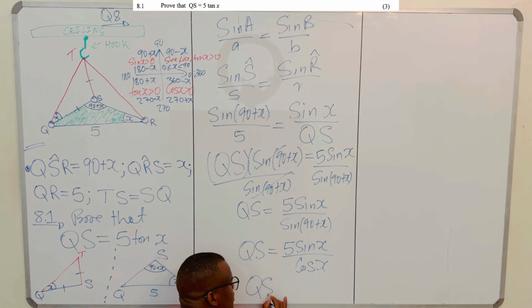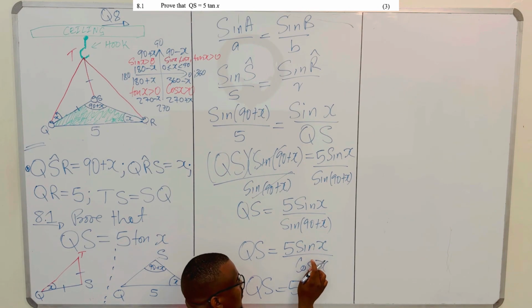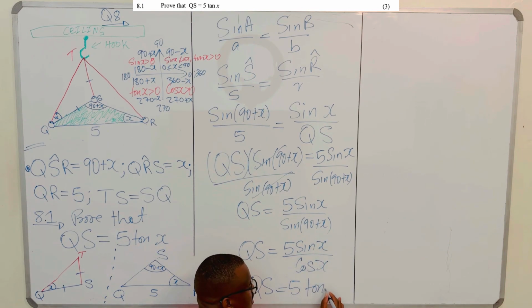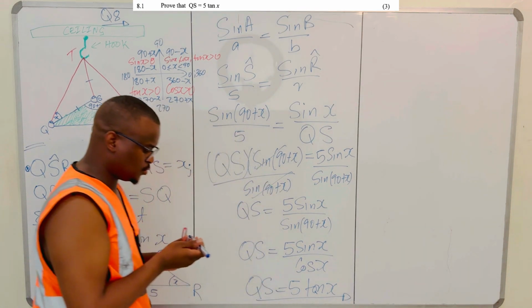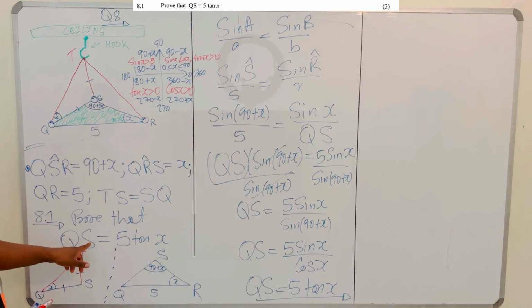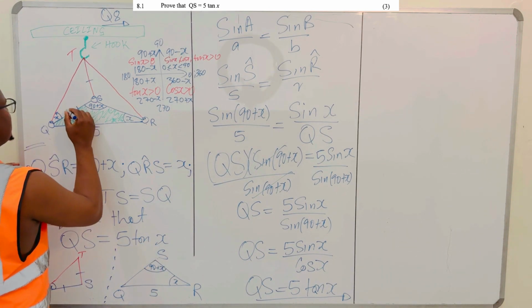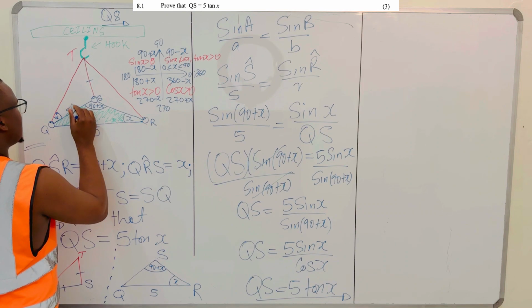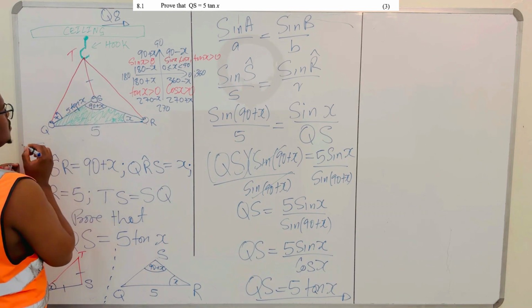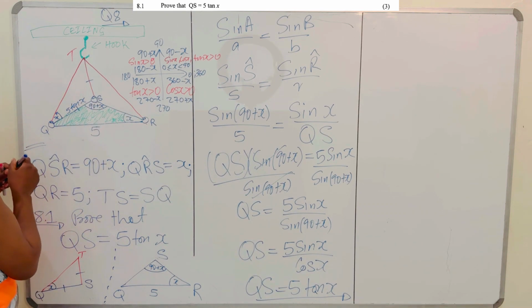So your QS is equal to 5 times this over this, which is tangent of x. This is it. We've proved what they wanted us to prove. So now we know that QS, which is this distance over here, is 5 tangent of x. Right? Not a problem.